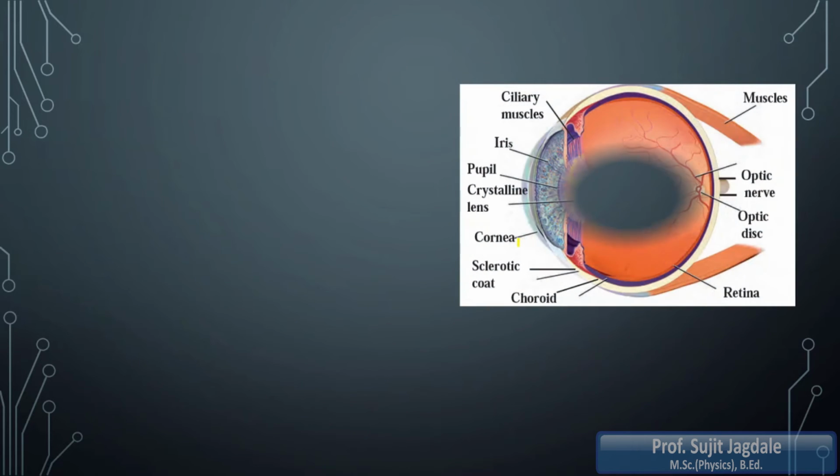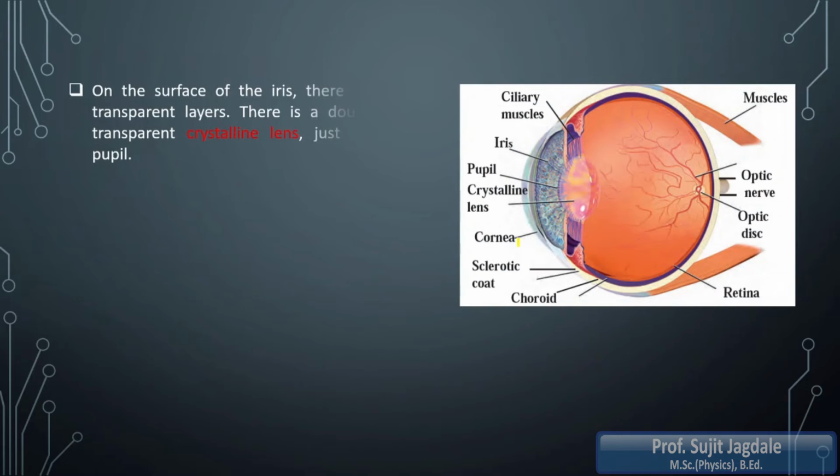Then the next portion: behind the iris there is a bulge of transparent layers. There is a double convex transparent crystalline lens just behind the pupil. That means after the iris there is a bulge of transparent layers which is referred to as a double convex transparent crystalline lens. So here you can see in the diagram the crystalline lens is shown.